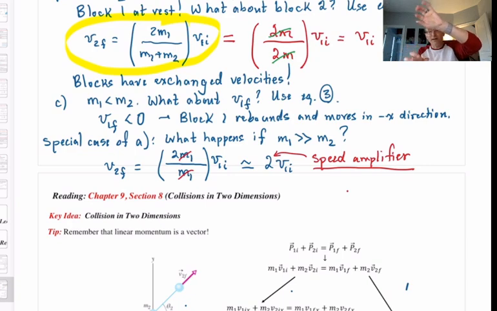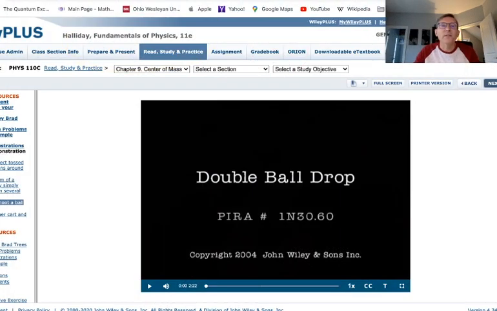Basketball has quite a bit more mass than a tennis ball, and so the tennis ball should shoot up quite a bit faster than the basketball. Okay, hopefully I haven't lost it. There we are, the double ball drop. Let me run it. Give it a second, it's going to show.